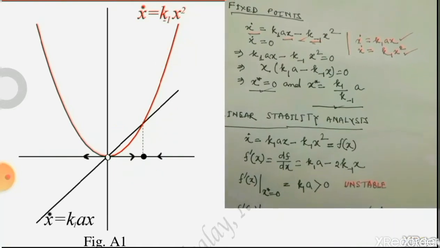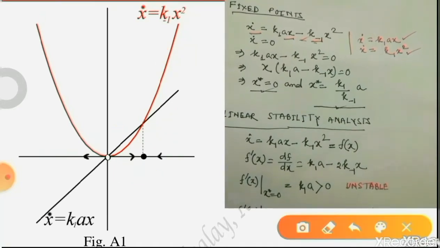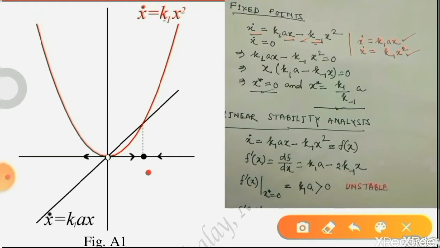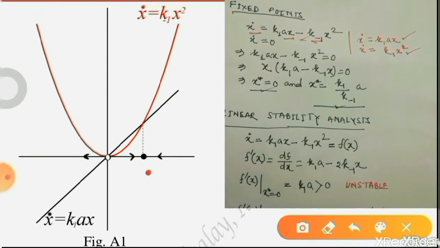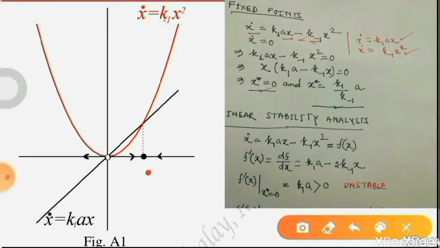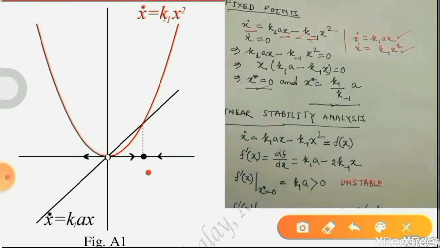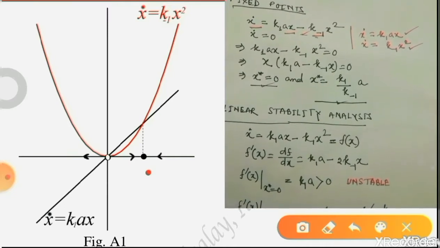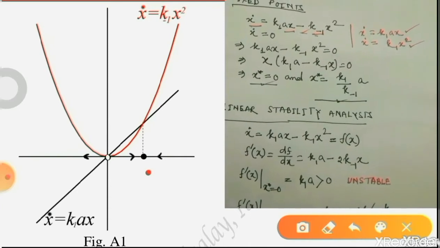So, you can see that at this point the flow is coming towards the point from both the sides. Therefore, this will be a stable fixed point.